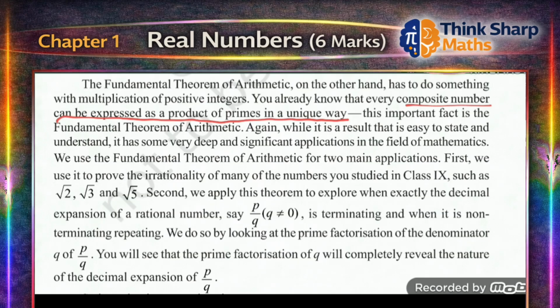That means you should have knowledge here that a composite number can be expressed as a product of prime numbers in a unique way. And students, if you don't have previous knowledge also, you will be able to understand it. I will just quickly review it and then come back to this again.